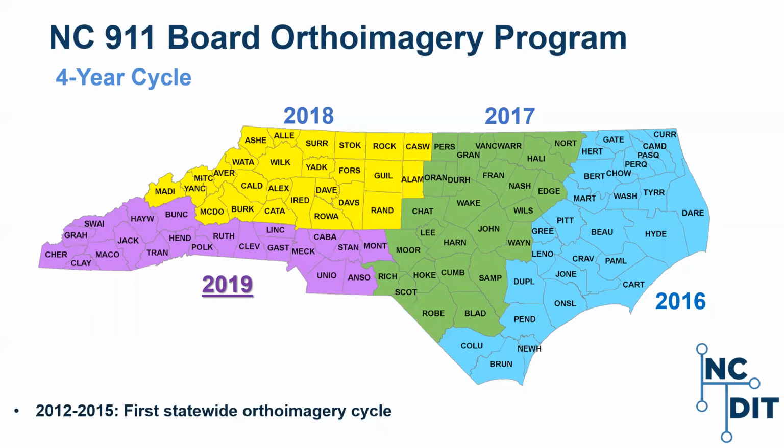So the 911 board has decided to fund that additional cost because we've shown them that there's value for the emergency responders being able to differentiate man-made structures versus natural features using the color infrared band. It's the same camera that collects all 4 bands, so it's already being collected. It's just not being processed currently.